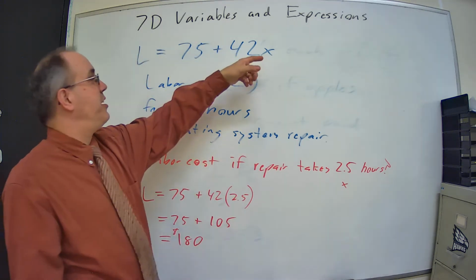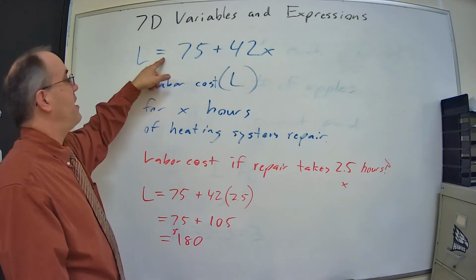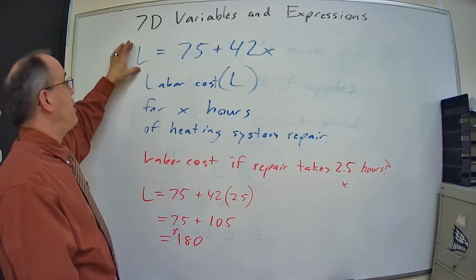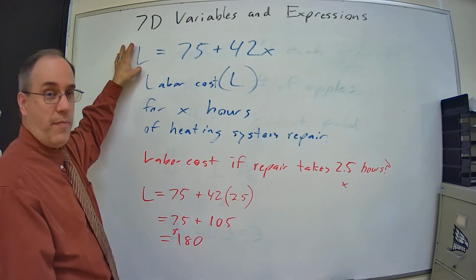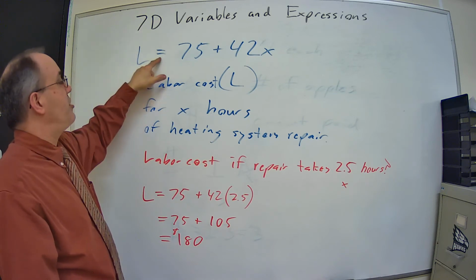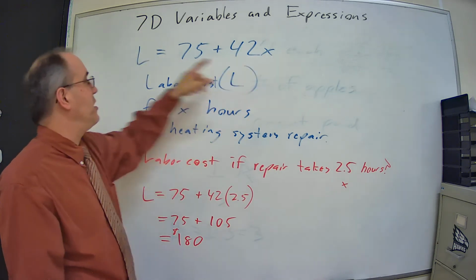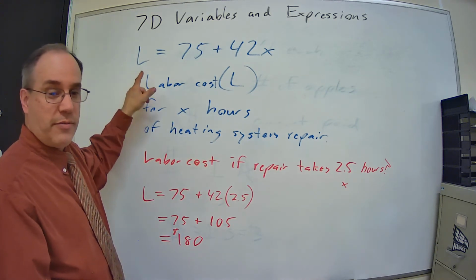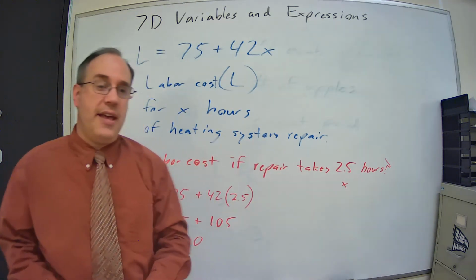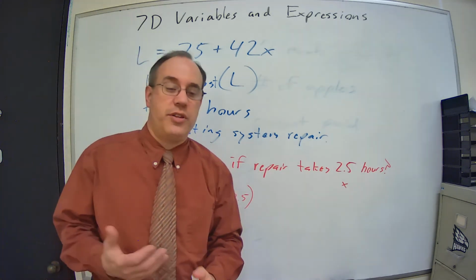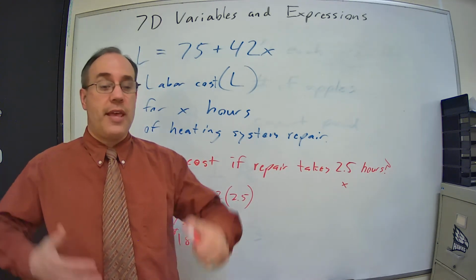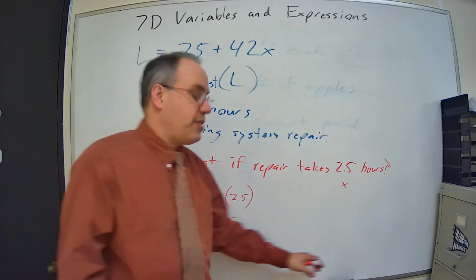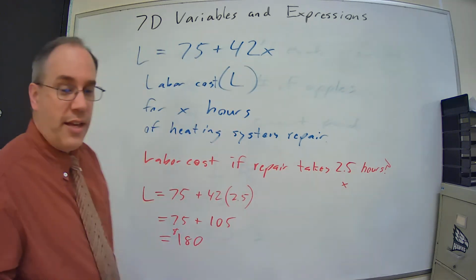An equation is an expression that is set equal to another expression. Now this expression just happens to be the variable L. But this is an equation because we're saying this expression is equal to that expression. Okay? So when we're dealing with these variables, one of the most important things that we need to be able to do is translate.